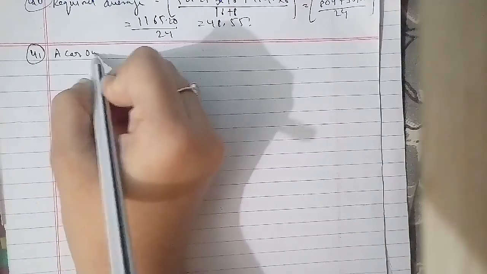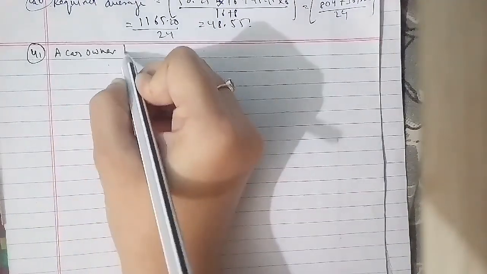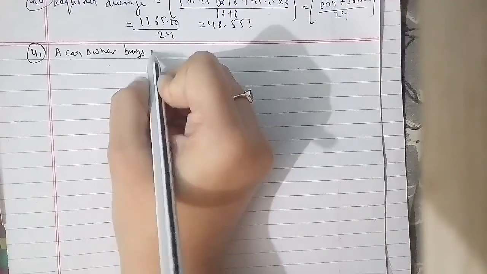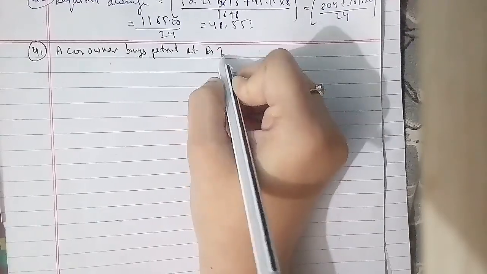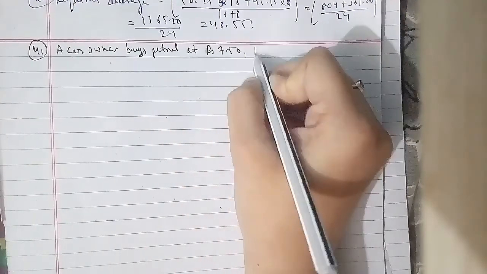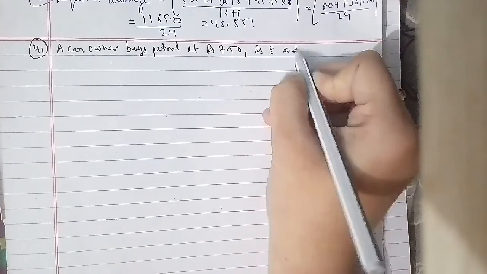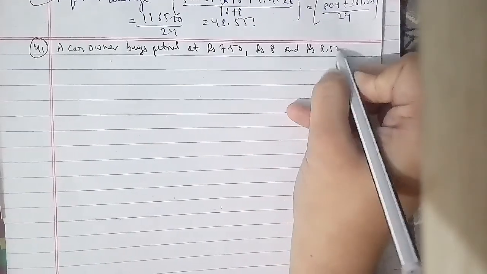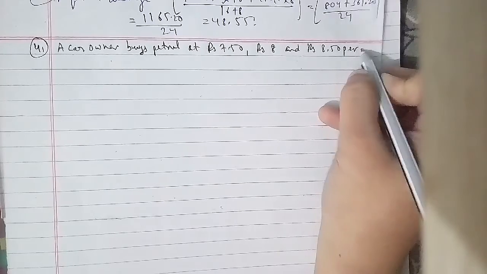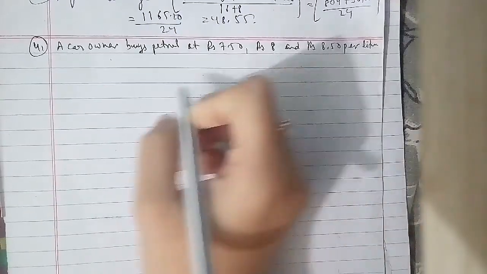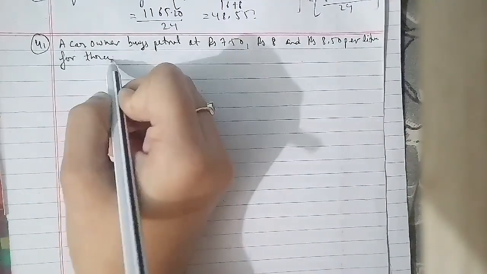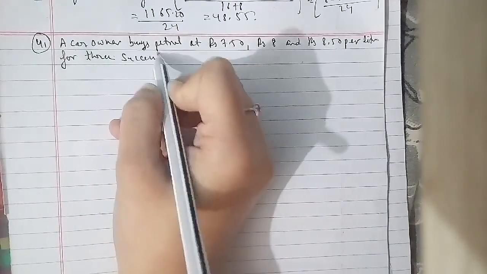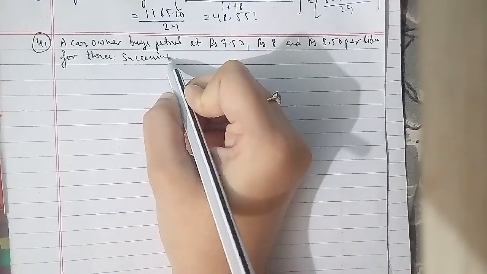A car owner buys petrol at rupees 7.50, rupees 8 and rupees 8.50 per liter for 3 successive years.